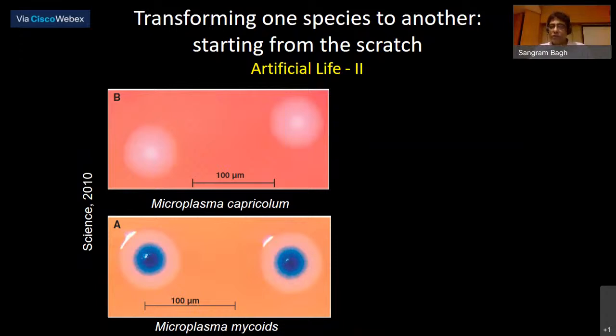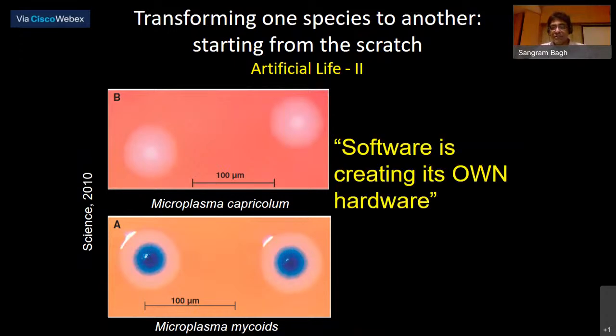From there they took the genome out of the second species and put in the genome of the first species. Interestingly, what you see now is that the second species turned into the first species. So we are transforming one species to another, and you remember that this is a totally chemically synthesized genome you are putting into another species.